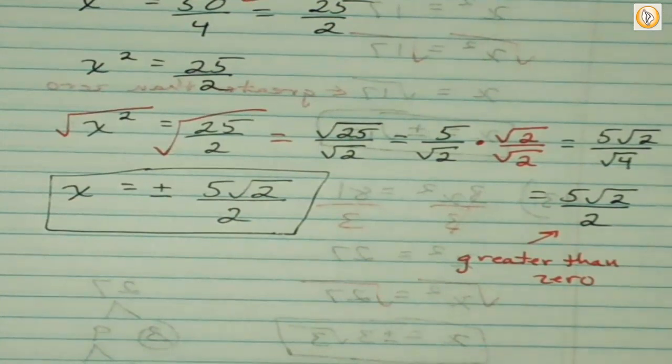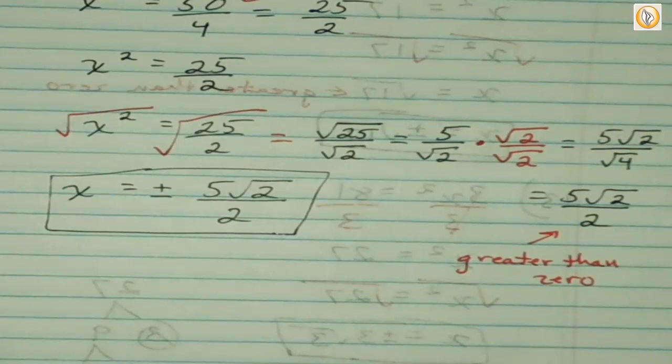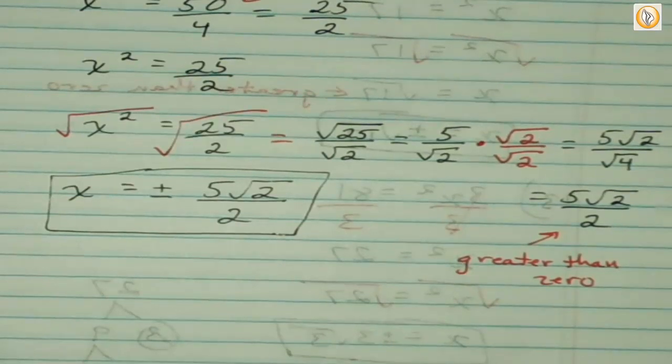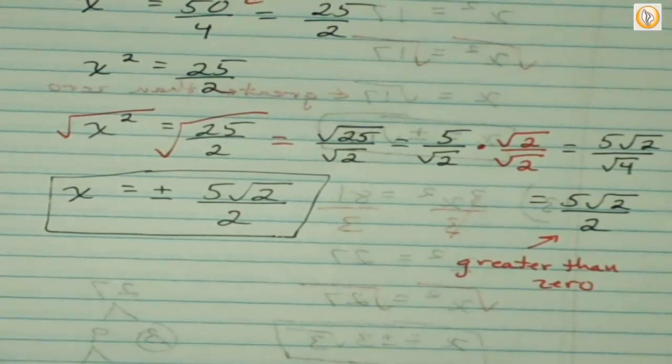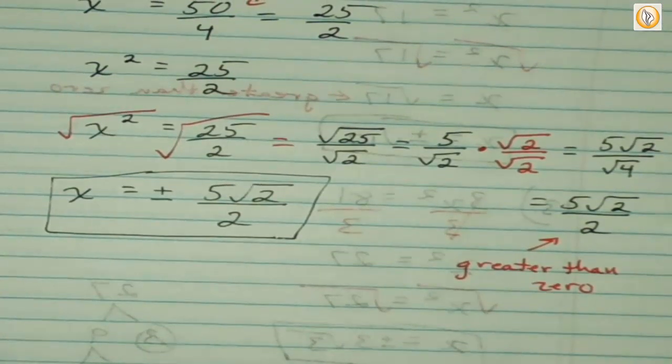Sit back and look at it. So we had to multiply because the bottom can't have a square root. That's all right. Any questions on that?